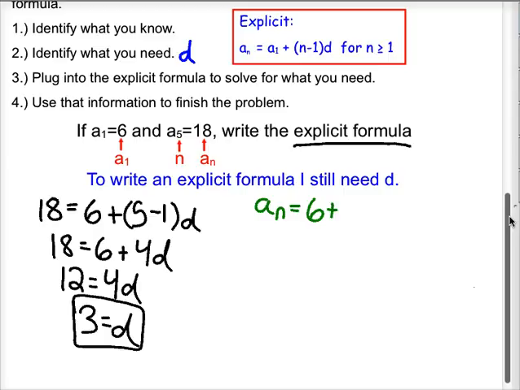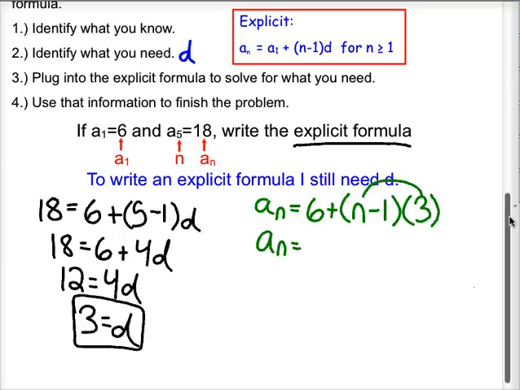When I'm writing the formula, remember, n is my variable. If we're asked to write the formula, n is the variable, so n is what stays in the equation. And this time I know that my d is 3. That's everything I need to write my formula.